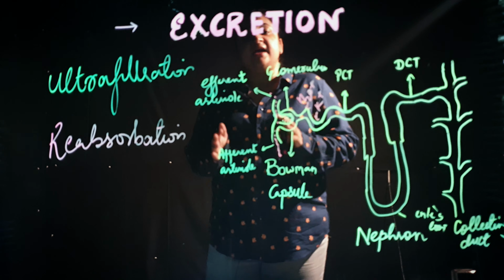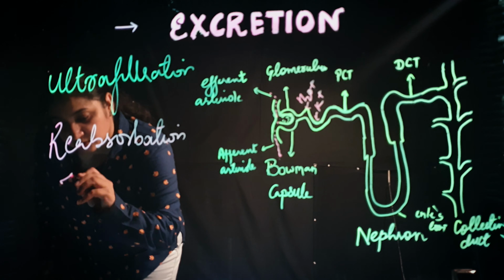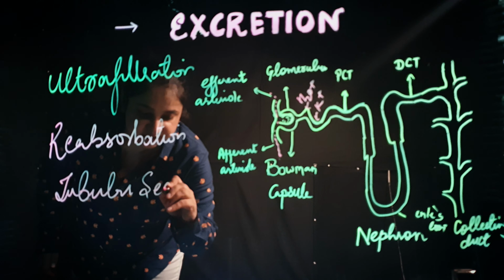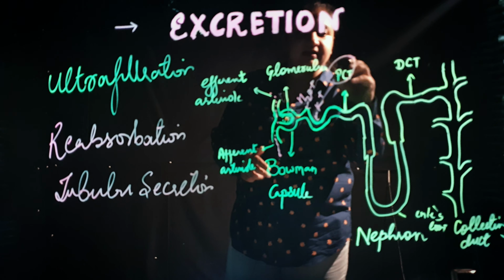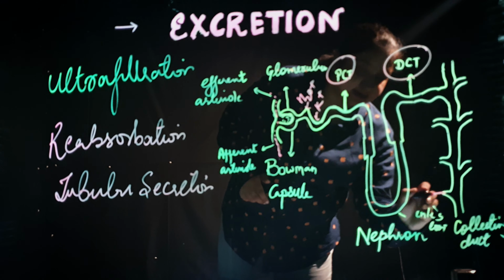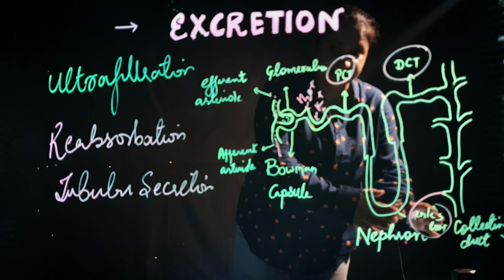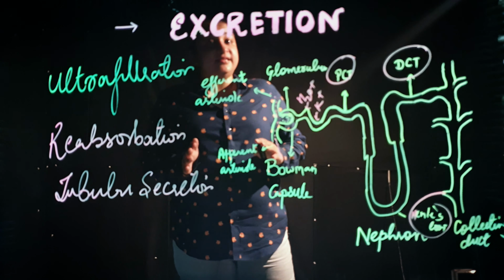And third is tubular secretion. In this process, the PCT, DCT, and Henle's loop maintain the ionic balance in the urine.